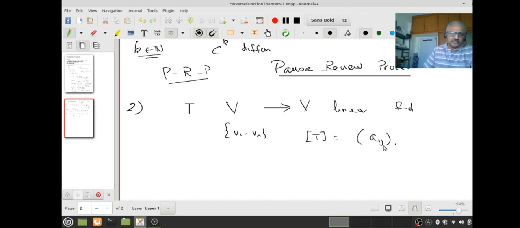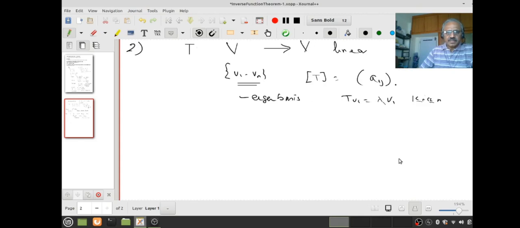Then what do you do there? You use the so-called canonical forms, etc., choosing a basis v1, v2, ..., vn so that you can represent T in a somewhat simpler fashion. For example, suppose this is an eigenbasis. That means T of vi equals lambda i vi for all i. Okay, it may not exist, but suppose it exists.